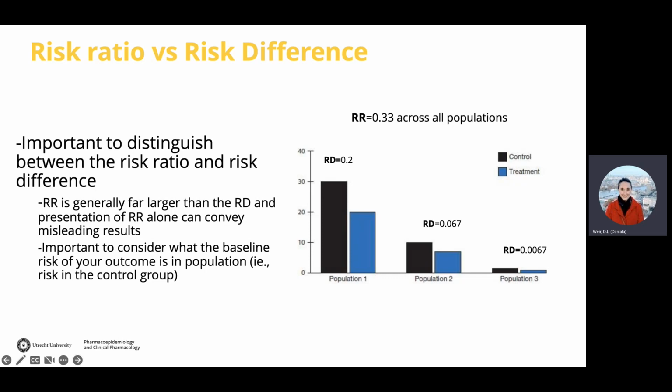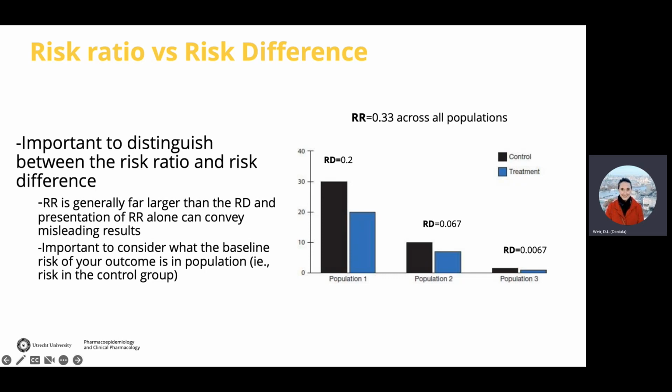In this particular example, all three populations have a risk ratio of 0.33 for the effect of drug A compared to drug B. But in this population, the risk difference is 0.2, where the baseline risk of the outcome is 30%. This is the control group here, and then it's reduced to 10% in those in the treatment group. So the risk difference is 0.2.